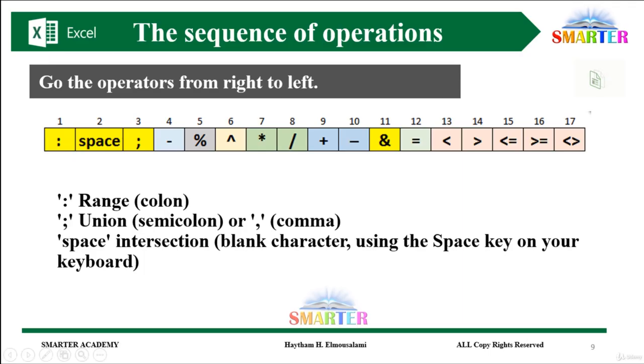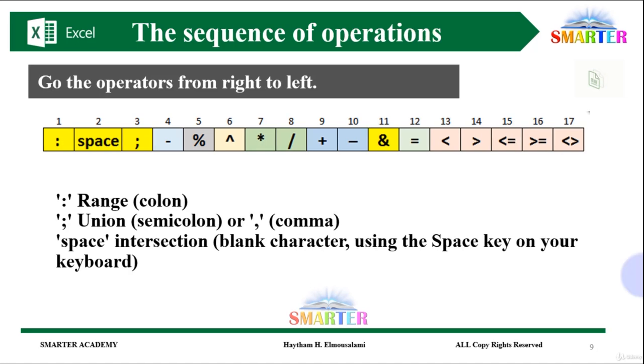Hi everyone, and let's complete our previous lecture about cell writing and writing operations and writing formulas. You must know the sequence of operations. Here you will find the order of operation execution.